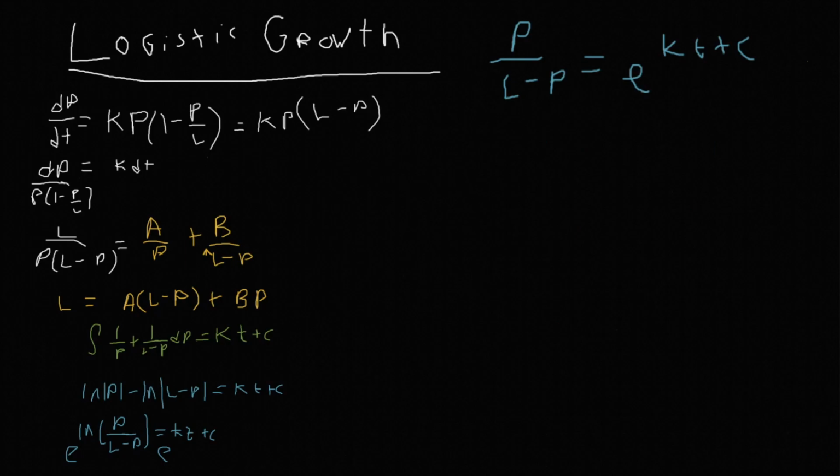Clean up the board a little bit, but I think the best way to probably solve for p here is that we're going to reciprocate everything. So we're going to do L minus p over p.